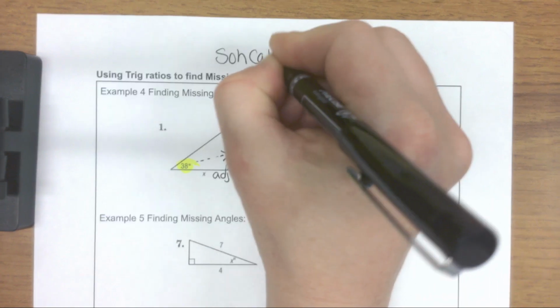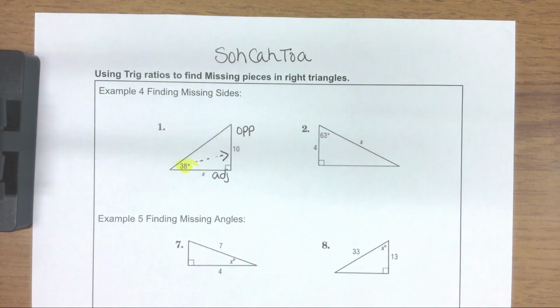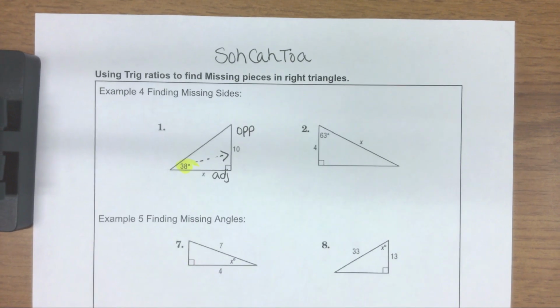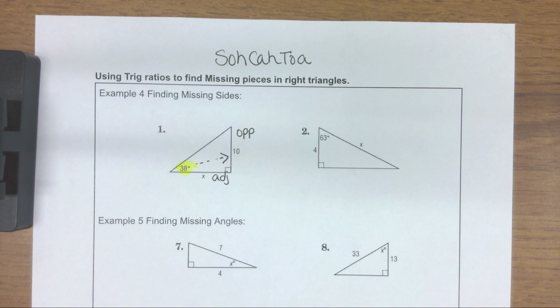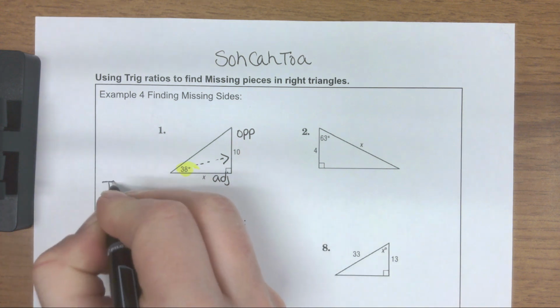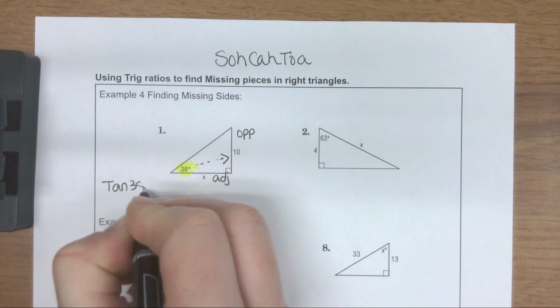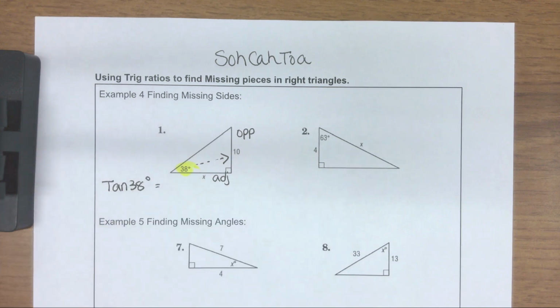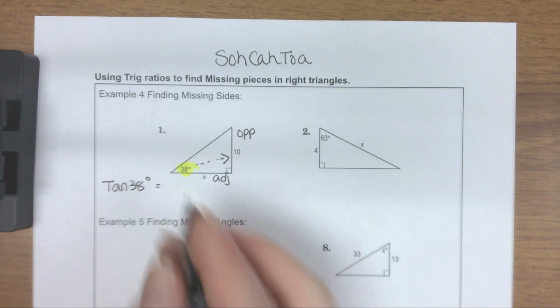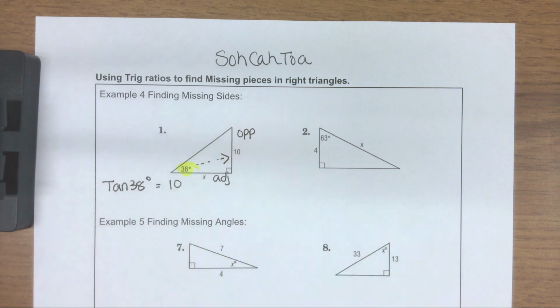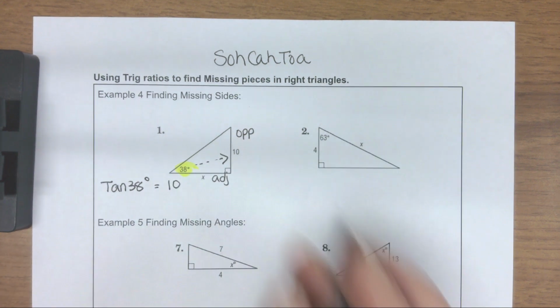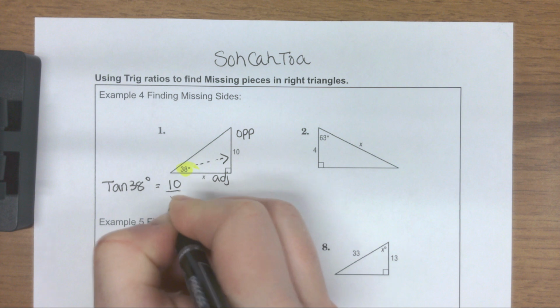So, using this, which one involves opposite and adjacent? The tangent. So we're going to write a statement. The tangent of the angle, so the tangent of 38, equals the opposite, which is 10, over the adjacent, which is x.